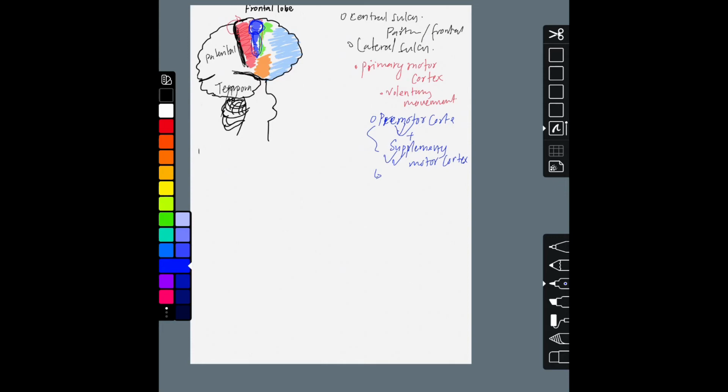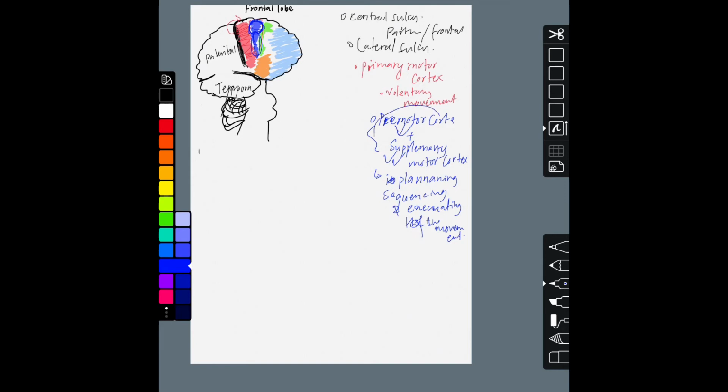Specifically they are involved in planning, sequencing and execution of the movement.